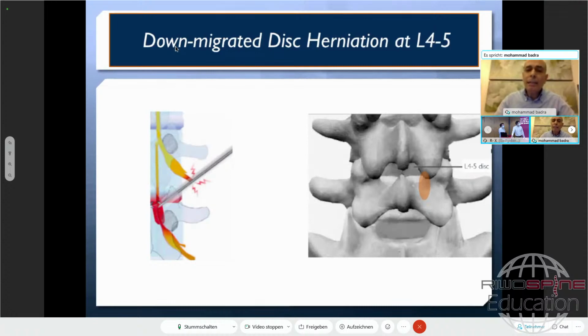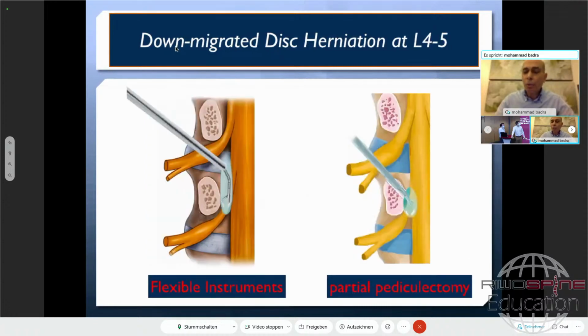So in these cases, when I have a down-migrated disc, of course, you can use special instruments like flexible instruments, or like Schwa suggested, do partial pediculectomy, or some people in Germany go through the pedicle, a transpedicular endoscopic discectomy for down-migrated disc hernia. I think this is technically demanding, and you need to have good experience with the endoscope in order to go through the pedicle to remove the herniated disc fragment.